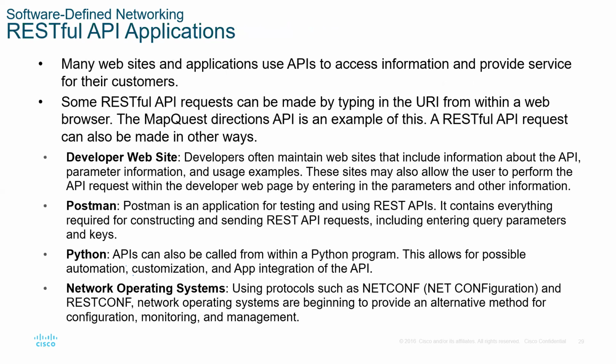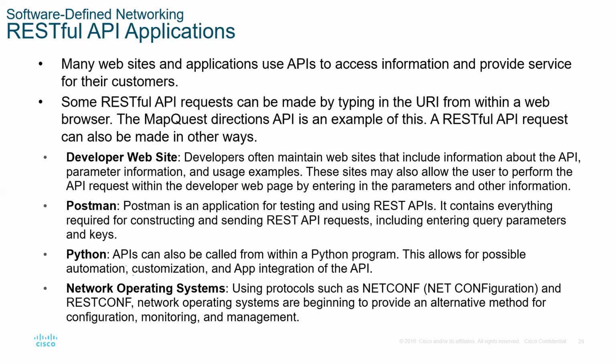Right, RESTful API applications. Many websites and applications use APIs to access information and provide service for their customers. Some RESTful API requests can be made by typing in the URI from within a web browser. The MapQuest Directions API is an example of this. So there are several ways that we can make a RESTful API request.